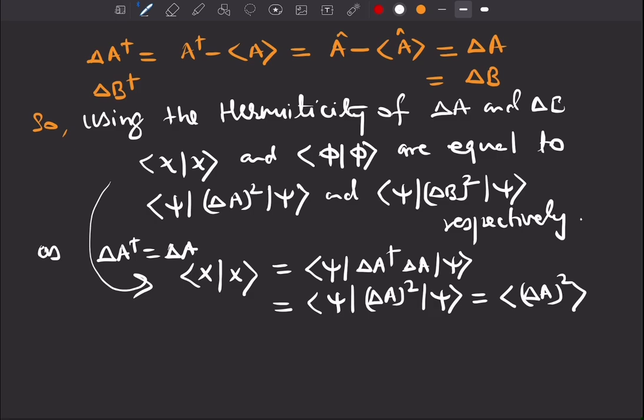Similarly, we can write for the bra phi with ket phi is equal to expectation of delta B whole square.